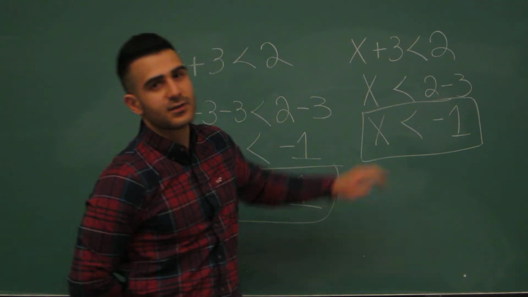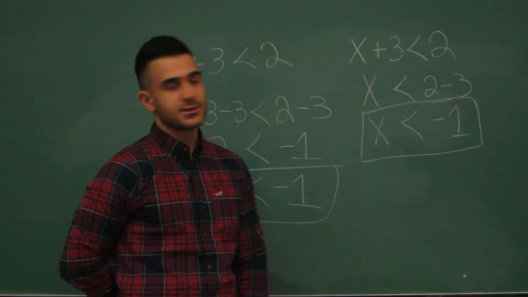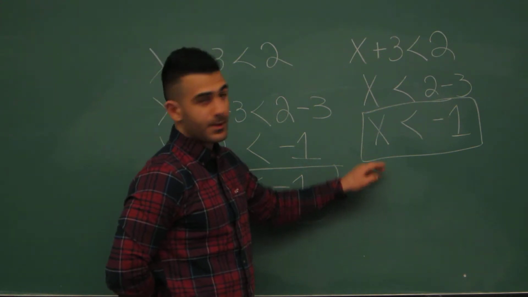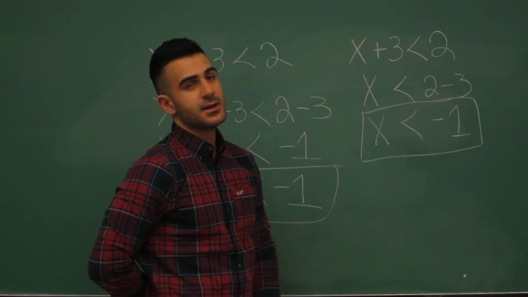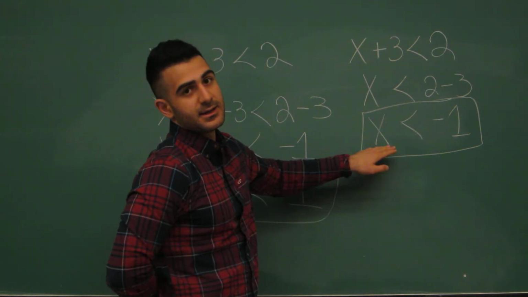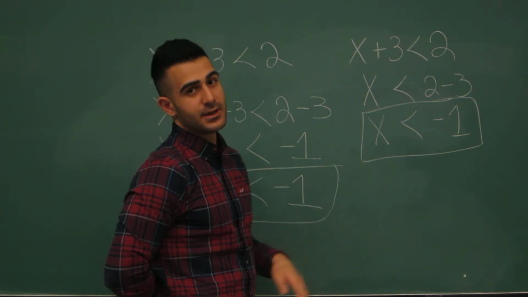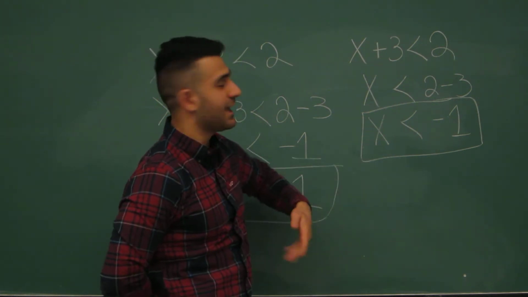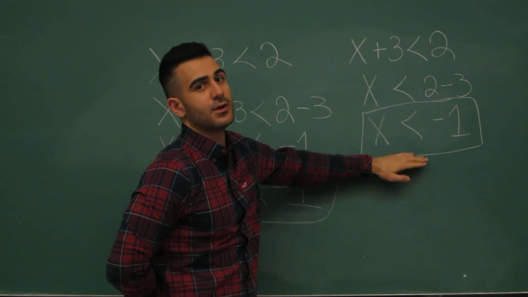When we have an inequality, you can have many or infinite solutions. For example, x has to be any number less than -1. X could be -1,000, -100, -500, -501, -502. So it could be infinitely many possible numbers that would solve this inequality.